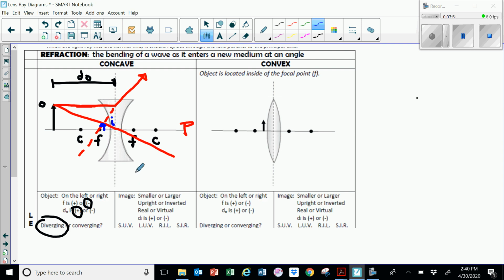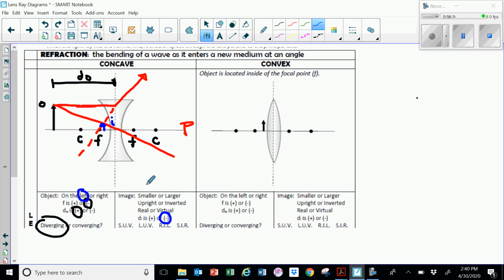Now DI, in this case, is on the same side as the object, so DI is going to be negative. The object, by the way, is on the left of the lens.